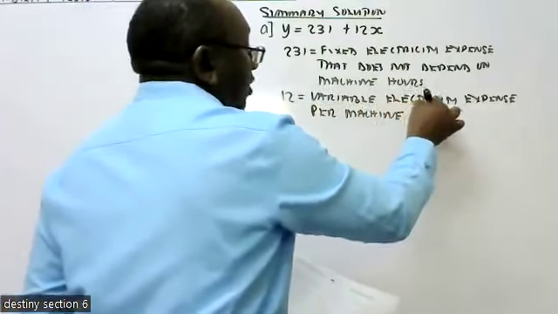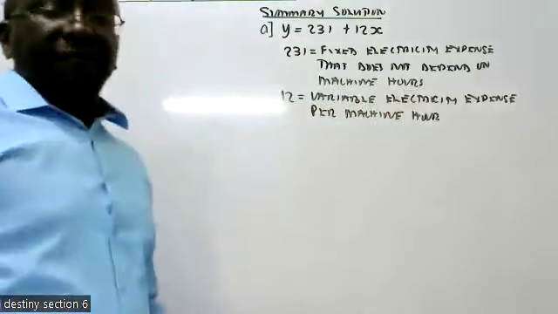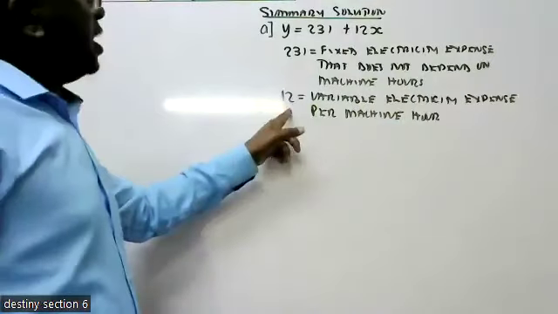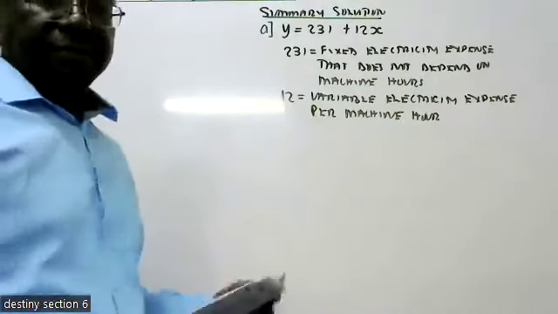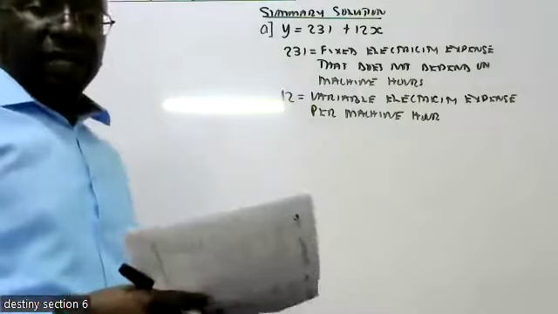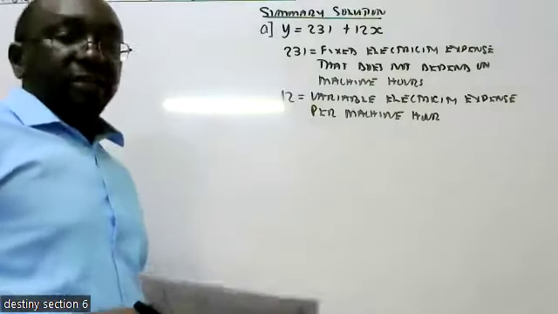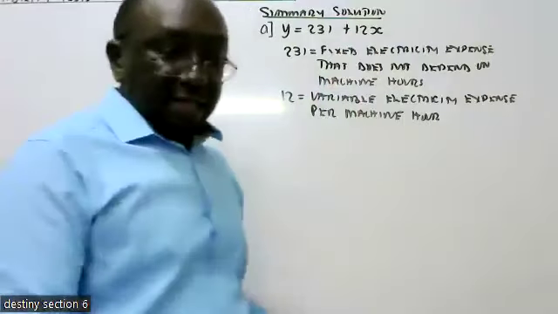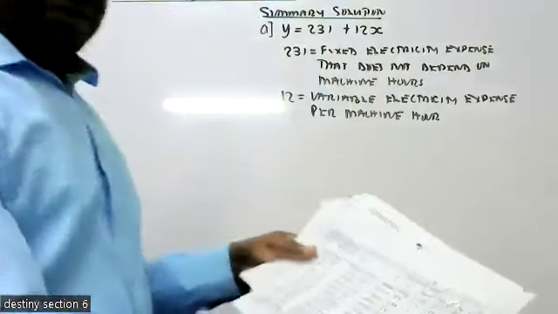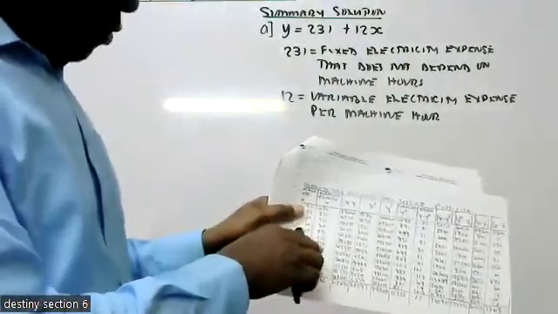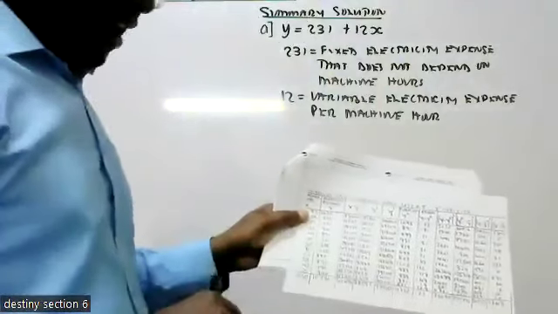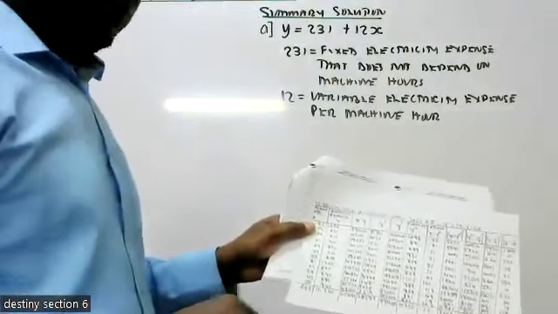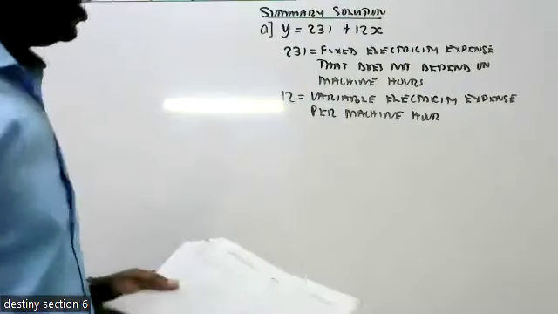So for every machine hour, we are incurring 12 shillings. So for you to get that answer, you should have drawn columns 1, 2, 3, 4. So the first 4 columns were necessary for you to get that.